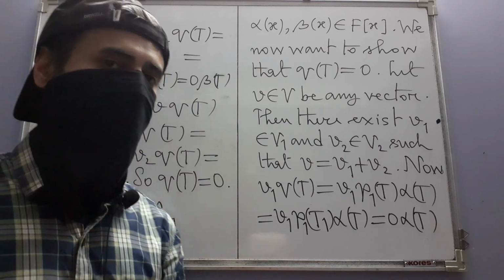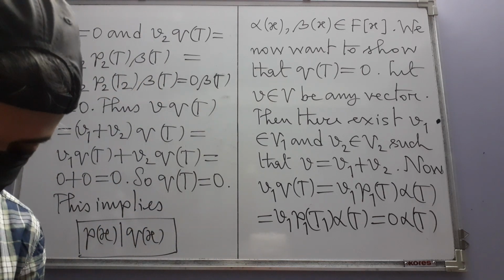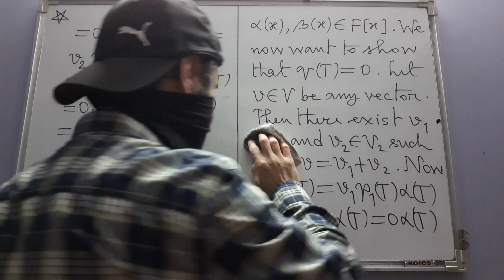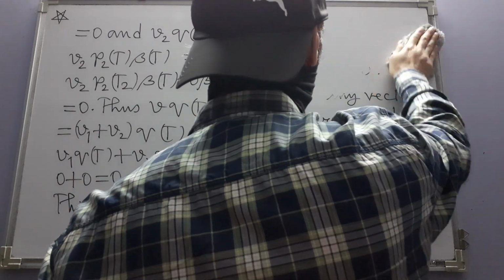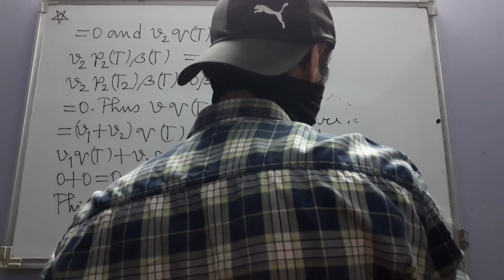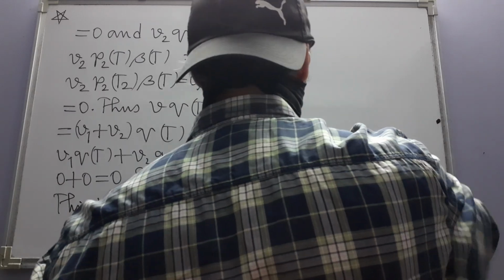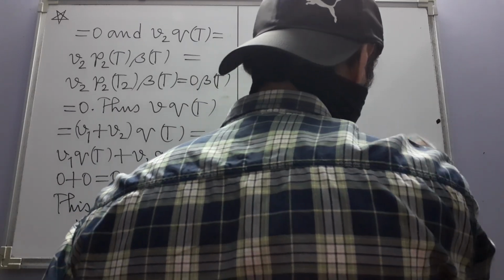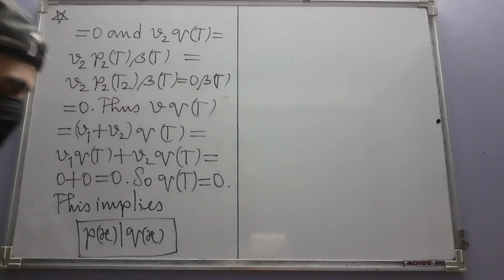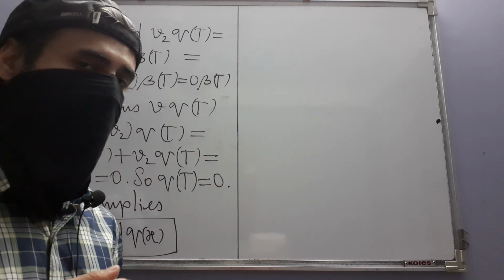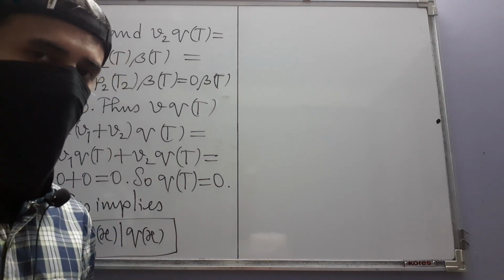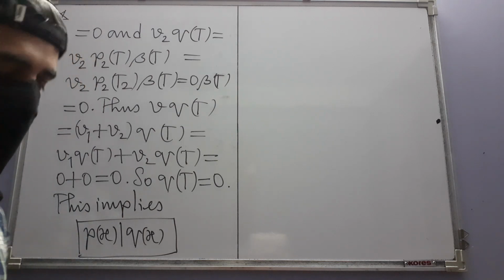And now you use the fact that P of x being the minimal polynomial of some operator of T in fact is a monic polynomial. And what is Q of x? Q of x is the LCM of P1 and P2. They are also both monic. So LCM is also monic.